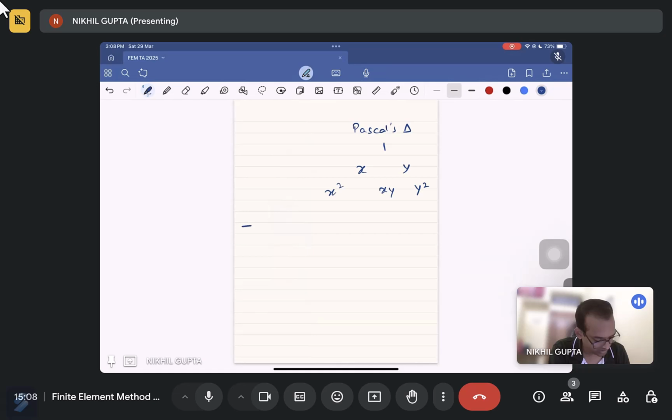What will you write for the unknown temperature variable? You will write it as a naught plus a1x plus a2y. Is anything else required? No, only 3 degrees of freedom are there, so we require only 3. Let's start solving that.